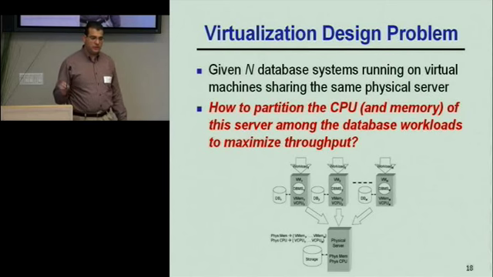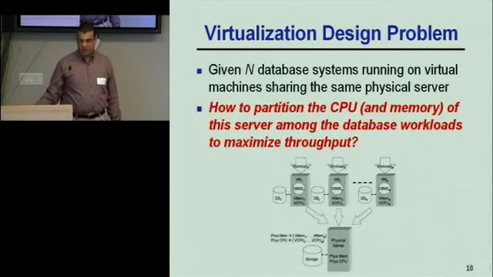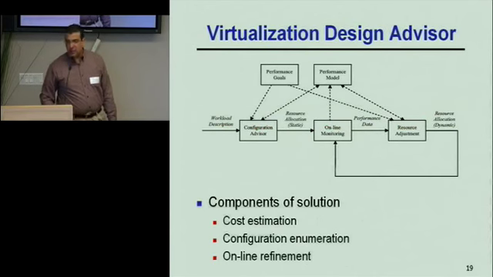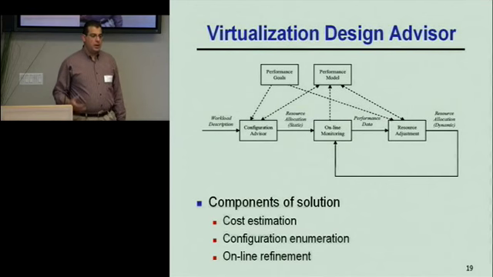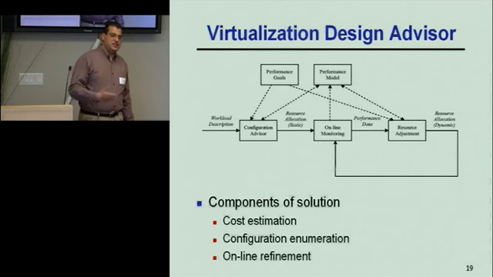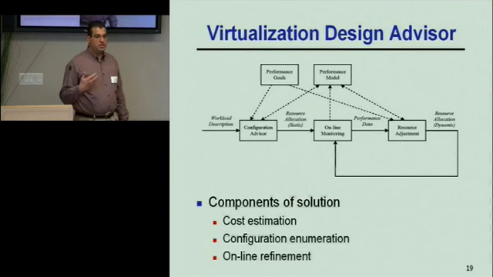So our performance objective is maximizing the total throughput. Okay? And we're going to approach this problem as a physical design problem. Database systems have different kinds of physical design decisions that a database administrator typically needs to make.